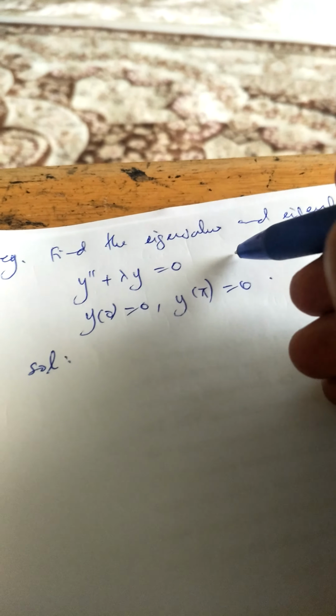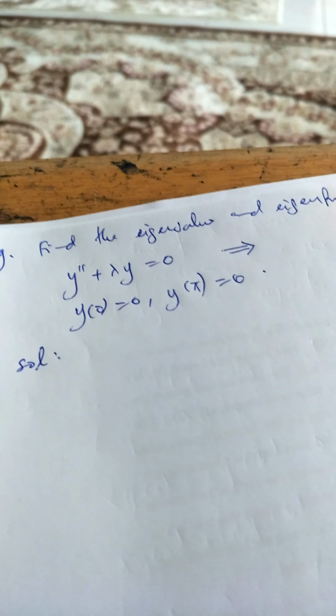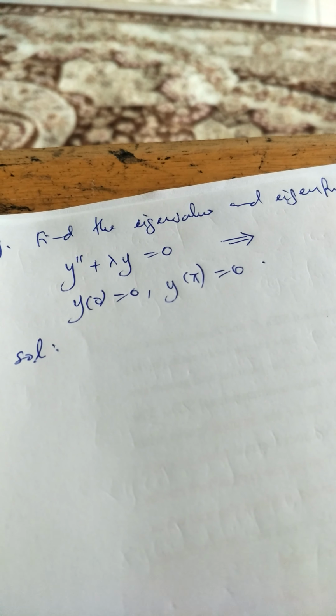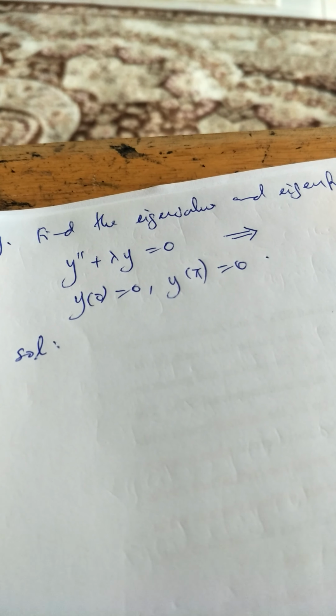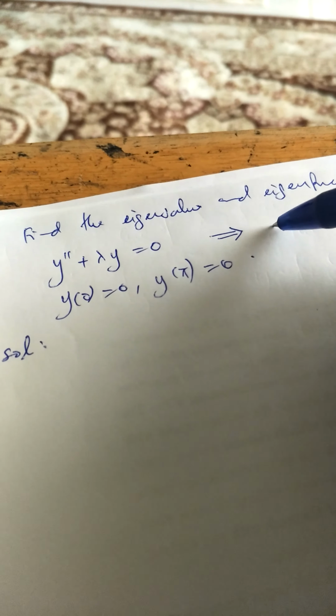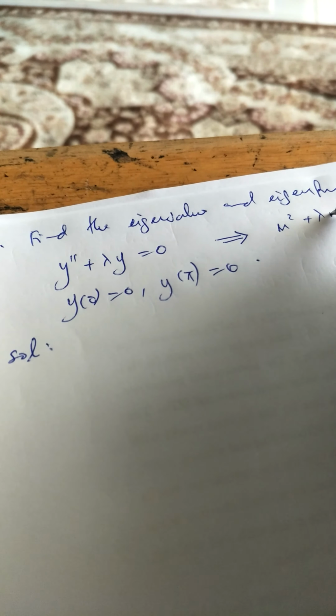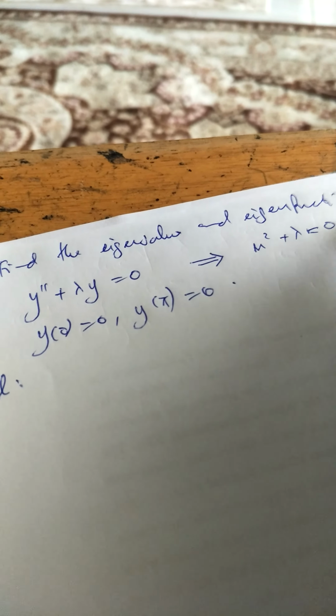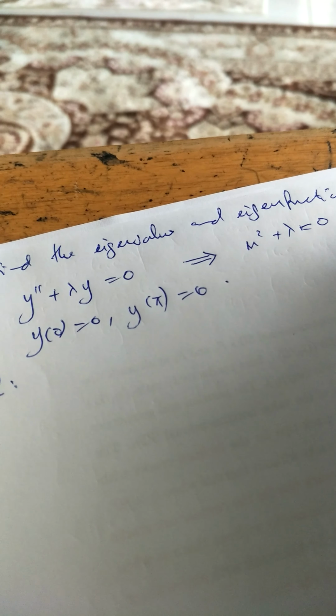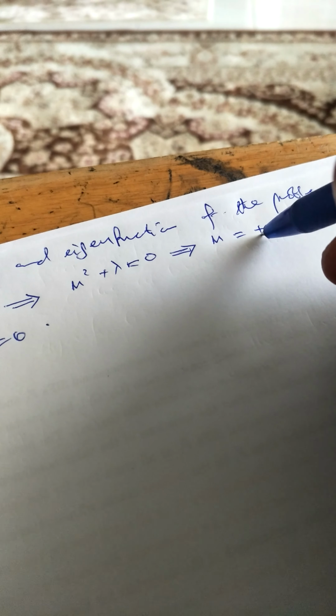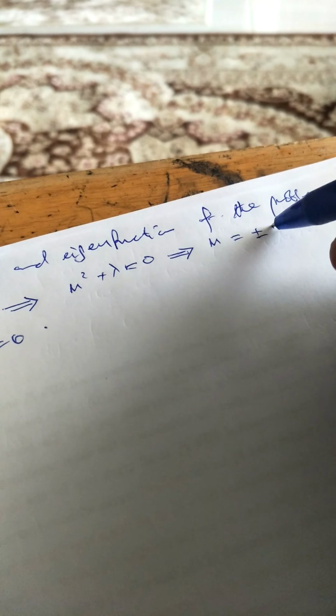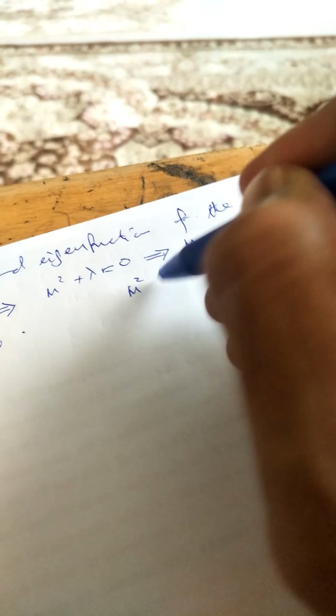Solution. You just set up what we call the characteristic equation. So we have m squared plus lambda equal to 0. No, because you have m squared equal to minus lambda, so the roots are m equal to plus or minus i square root of lambda.